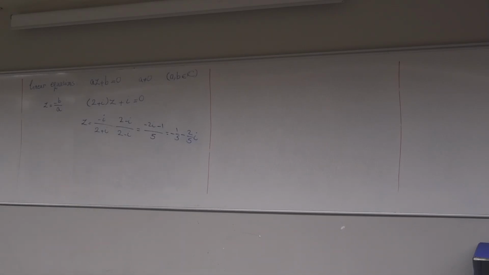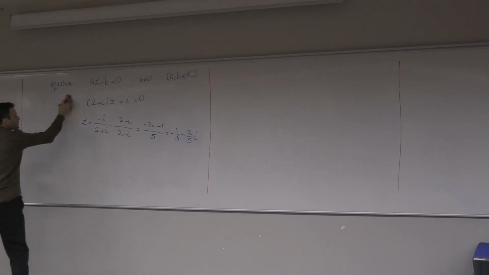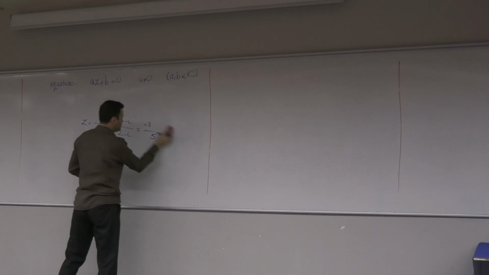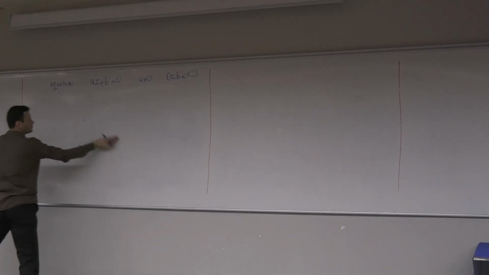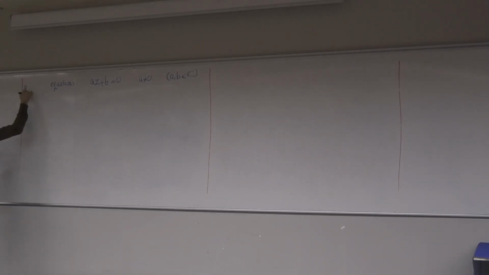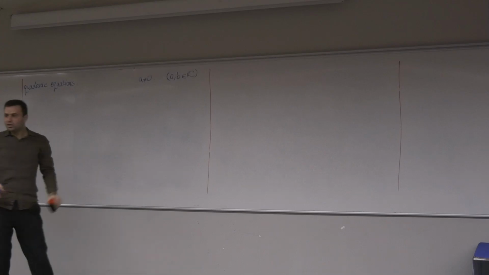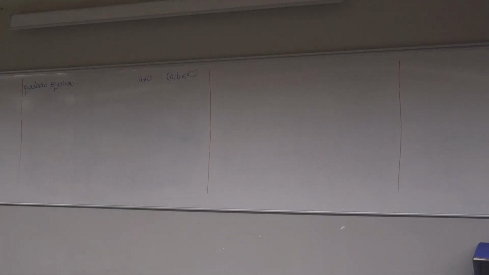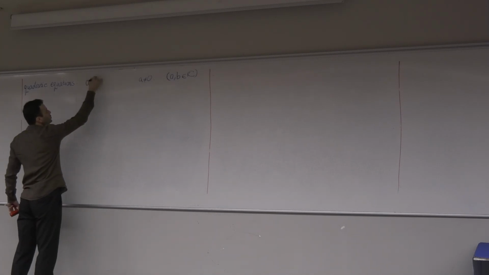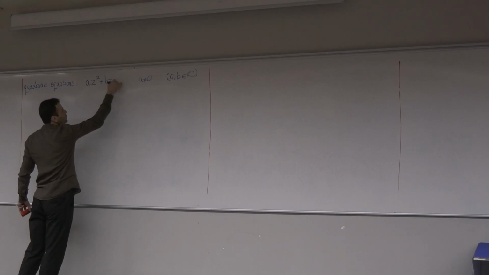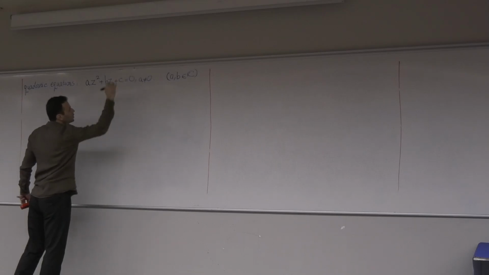What if you have quadratic equations? What is the general form of it? When we have a quadratic equation, we mean an equation that has degree 2, which means an equation like this: az^2 + bz + c = 0.